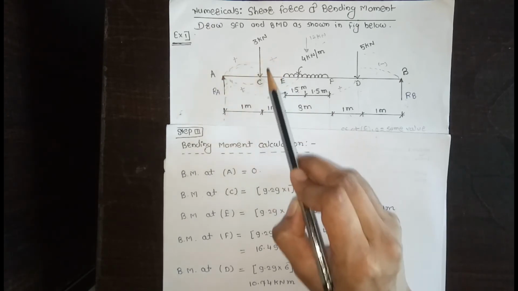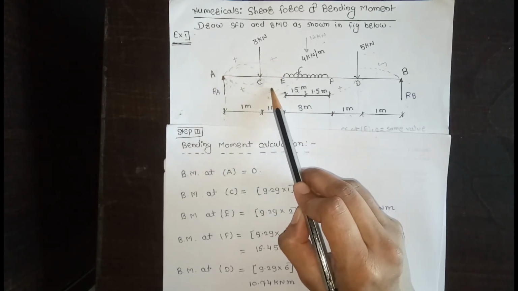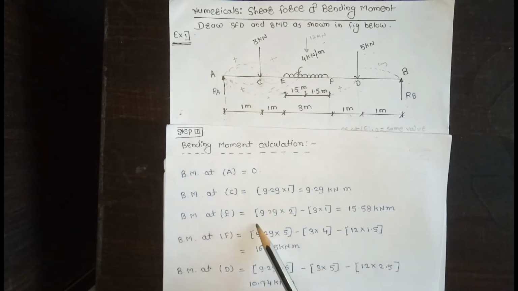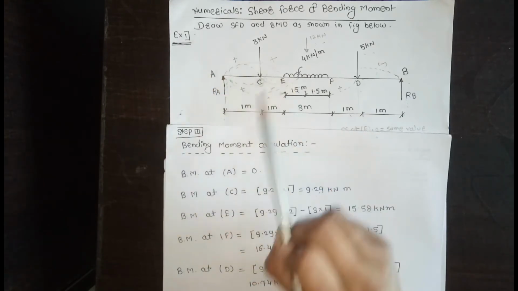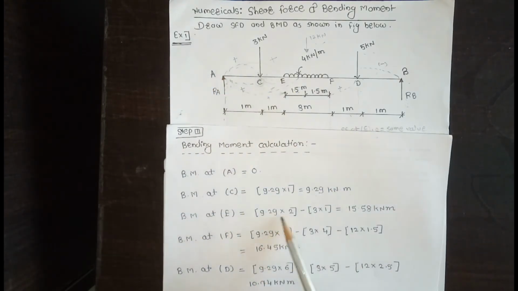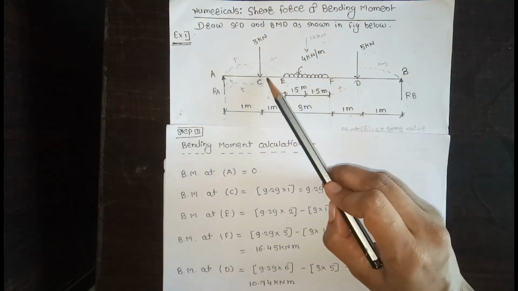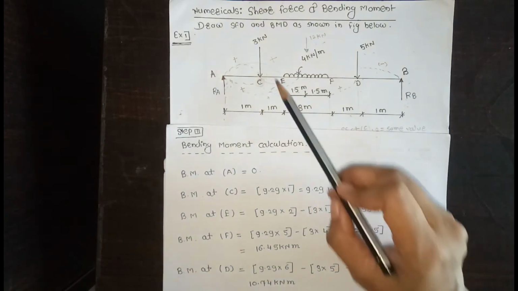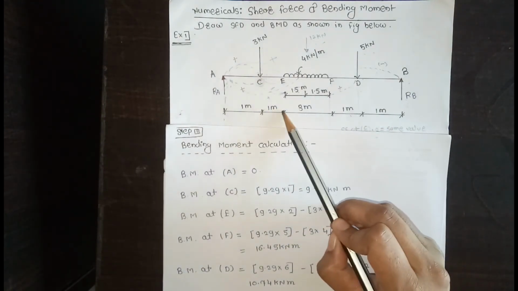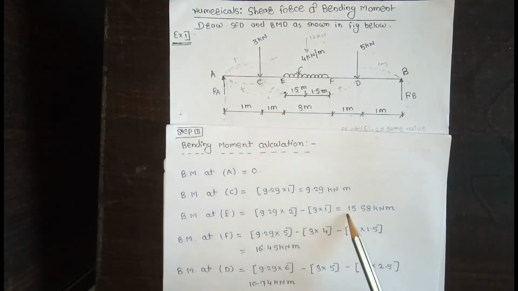So clockwise moment is taken as positive and anti-clockwise as negative. For the first force, 9.29 into the perpendicular distance A to E, 2 meter, minus the second force, 3, anti-clockwise, into perpendicular distance 1, is equal to 15.58 kilonewton meter.